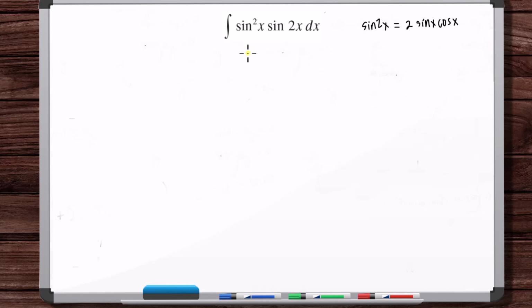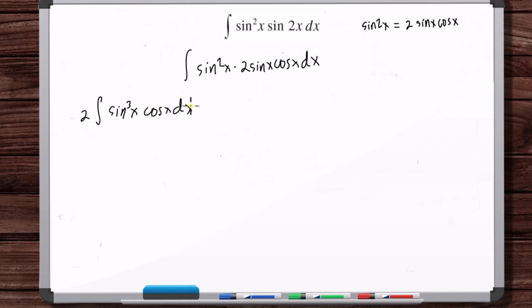It doesn't matter what the form of the integral is that's given to you. If you can in any way, no matter what it is, get a cosine x dx, and then outside of that, just some function of just sines of x's, then you can make a u substitution and simplify the integral. Okay, so making this substitution, this is times 2 sine x cosine x dx. And so bringing out that 2, and simplifying, sine cubed of x cosine x dx.